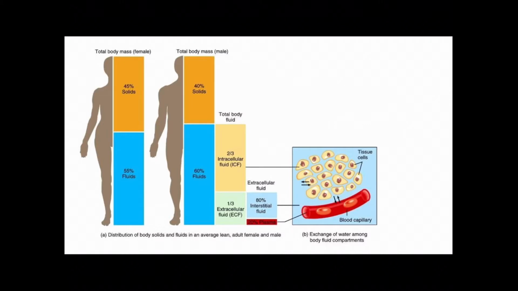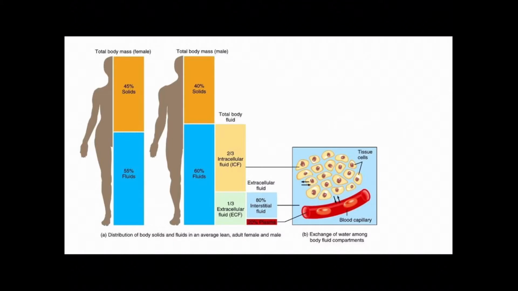If we take that percentage of fluids and break it down and take a look at what's what, we find all the individual types of fluids that we have in the body. We can divide body fluids into 2 main categories: intracellular fluid and extracellular fluid. On the chart here, next to the man's fluids, we see 2/3 intracellular fluid and 1/3 extracellular fluid.